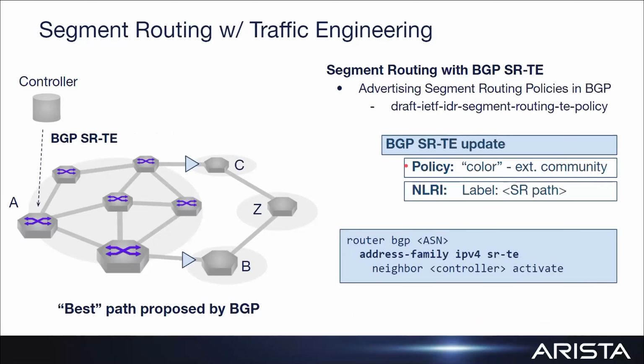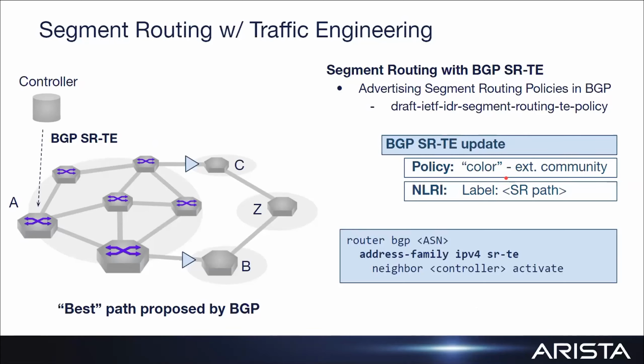So let's examine another approach with BGP SRTE. It is a draft describing how to assign an SR path not to a specific prefix, but rather to a group of prefixes meeting a specific criterion or policy.